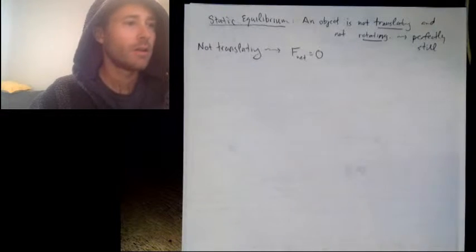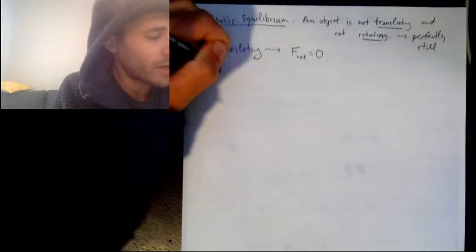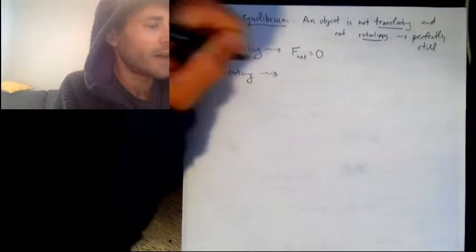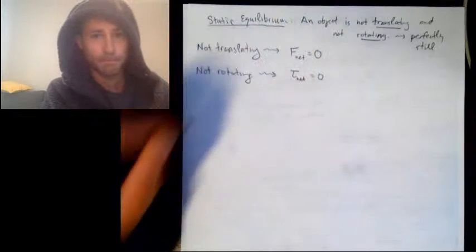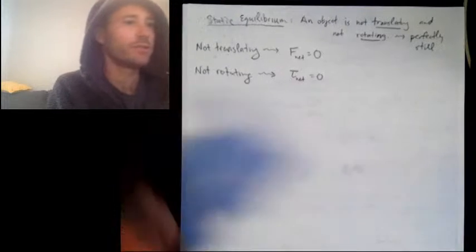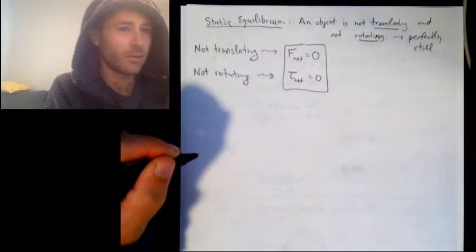If the object is not rotating, then that means that the net torque is equal to 0. Because torque controls rotations. So these two equations have to be true in order to be in static equilibrium. I'm going to call these the conditions for static equilibrium.